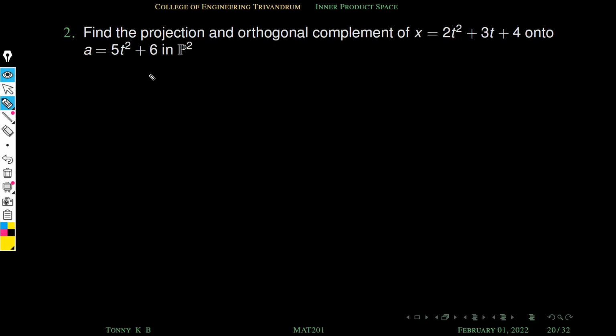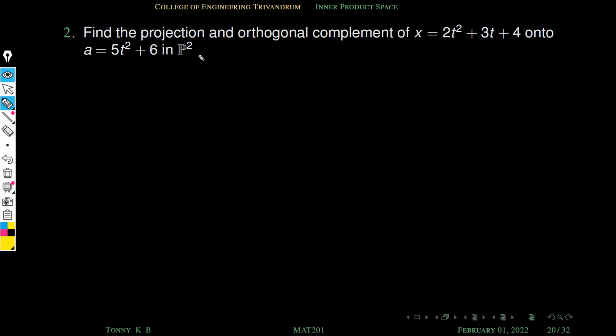Consider a problem: find the projection and orthogonal complement of x equal to 2t square plus 3t plus 4 onto a equal to 5t square plus 6 in P2. Here we consider the vector space P2 with the inner product on P2.